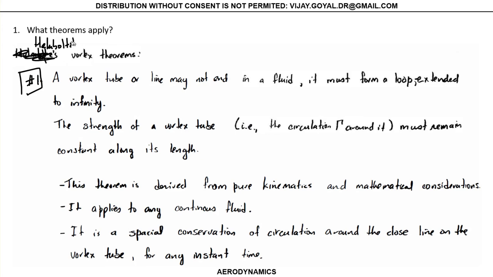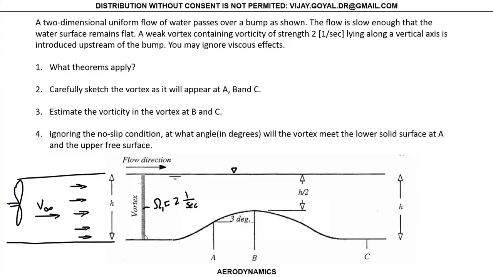The strength of the vortex tube is going to remain constant along its length. So this vortex tube along this entire length is going to have the same omega-1. That omega-1 is not going to change across this vortex tube. The vortex tube might change its value as it moves here, which we'll see later, but across its length it will remain the same. That's what the theorem says.